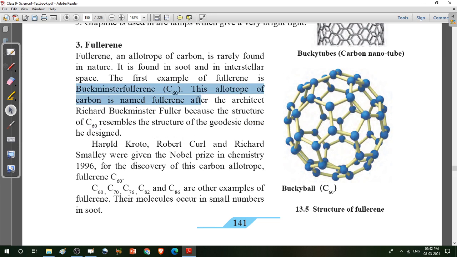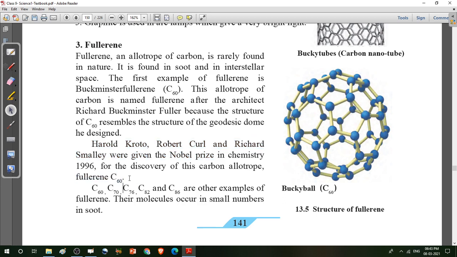Clear? Then Harold Kroto, Robert Curl and Richard Smalley were given the Nobel Prize in Chemistry in 1996 for the discovery of the carbon allotrope fullerene C60.